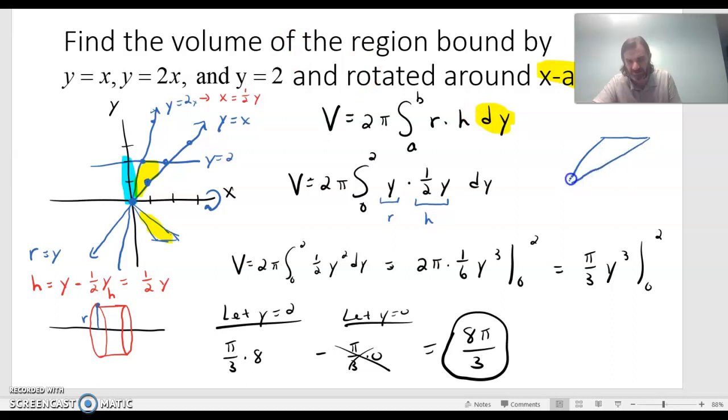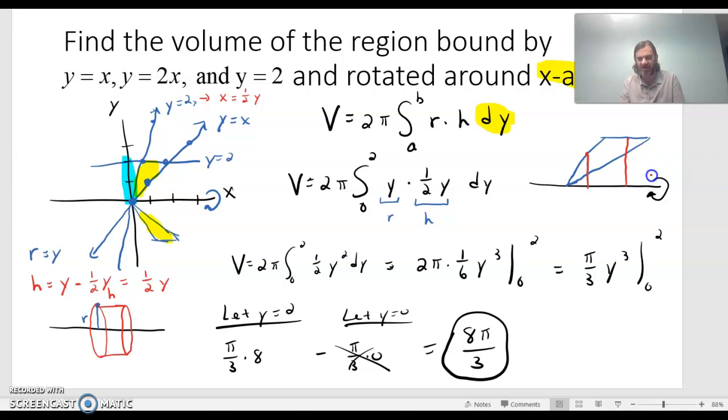The triangular region looks similar to this, and you're going to want to rotate it around the x-axis. The washer is a little bit rougher because, for the outer and inner radius, at one spot y equals 2x is the outer radius, and in another spot y equals 2 is the outer radius.